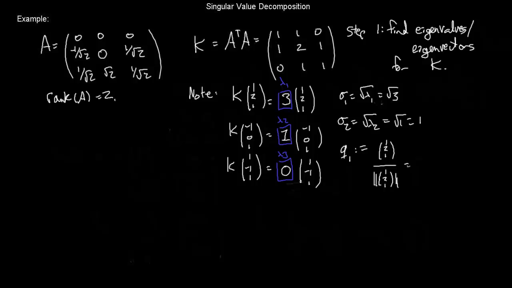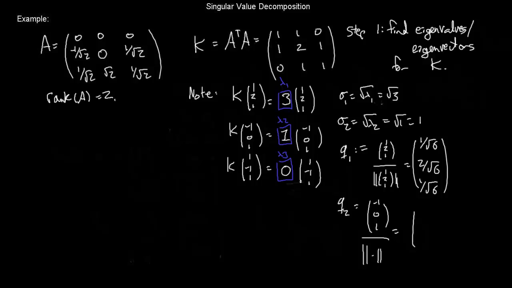It's 1 over root 6, 2 over root 6, 1 over root 6, because the norm of 1, 2, 1 is root 6. So notice that I don't have to orthogonalize this with respect to Q2, that's the eigenvector for eigenvalue 1, normalized, because they're already orthogonal, which we proved they would be. We expected these to be orthogonal, and we're not surprised. So you normalize that vector, it's this.